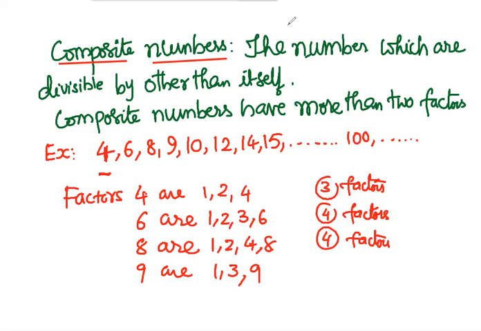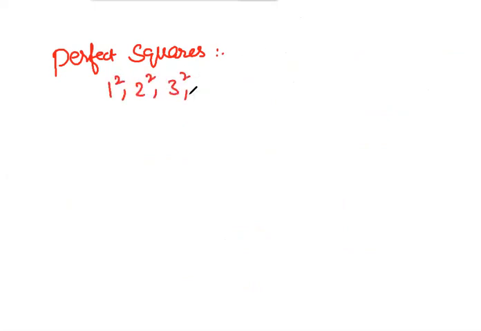Now let us understand about perfect squares. The numbers which are squares of natural numbers are called perfect squares. Let's take 1 square, 2 square, 3 square, 4 square, 5 square, 6 square, 7 square, 8 square, 9 square, 10 square.